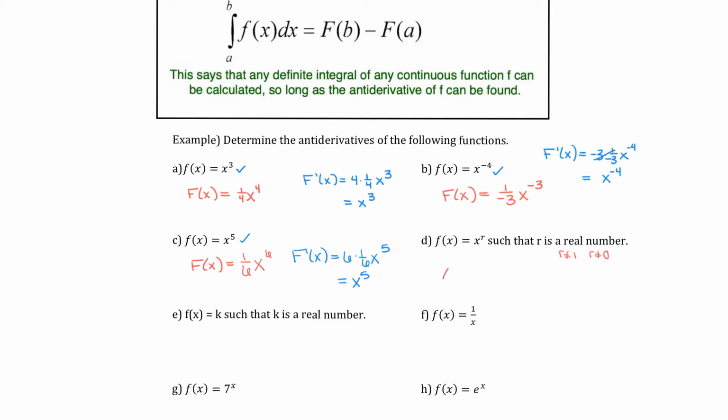Then my antiderivative, if I'm thinking about a potential pattern for f of x, I think it was going to be equal to your x raised to the r plus 1, and then you'd have a 1 over r plus 1 out front, if you were coming up with a general rule. You might see this written as x to the r plus 1 all over r plus 1. So that would be a more general rule.